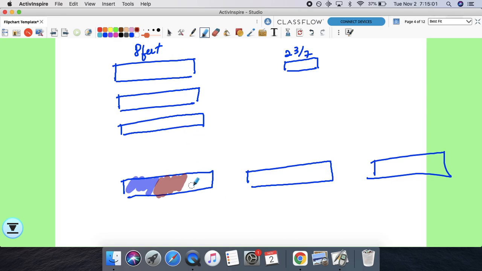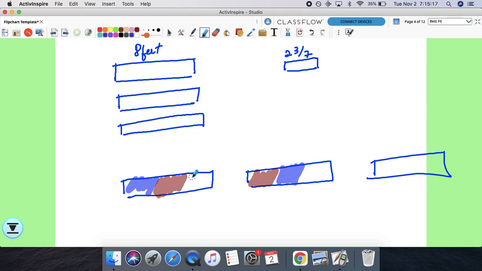Therefore, for this board I can only get two boards that are 2 and 3 sevenths. In here, same thing. I have one, I have another one. What if I don't have room for another one?